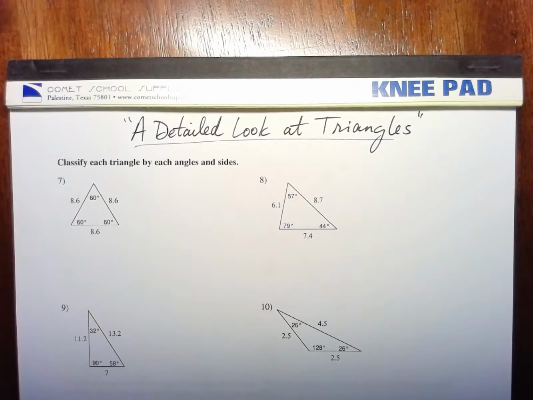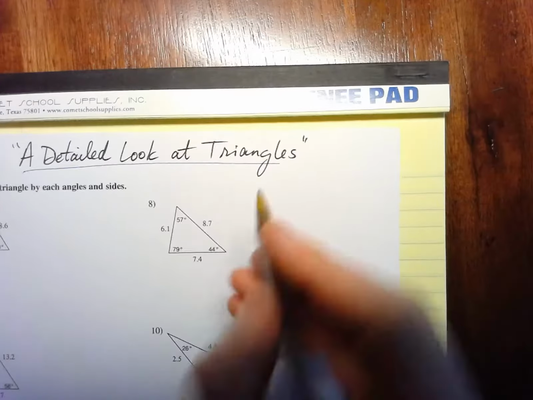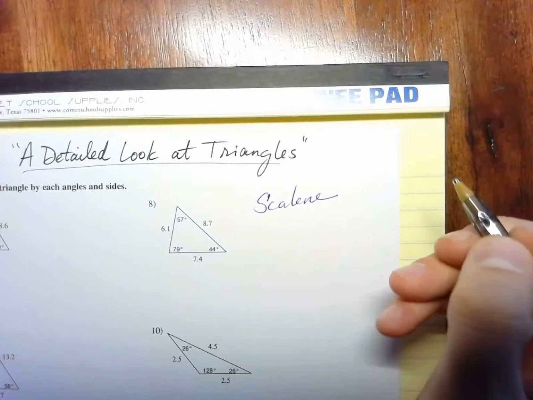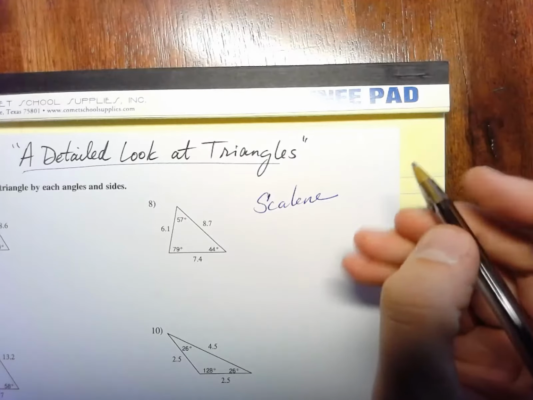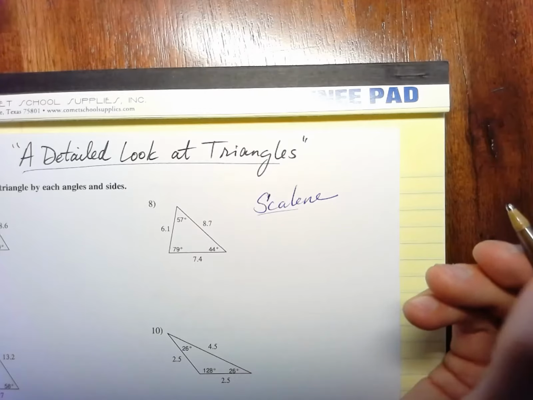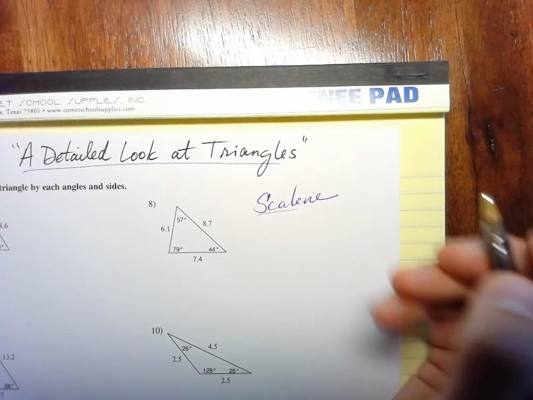Well, let's talk about some possible names here. A scalene triangle is one where all three sides are different, meaning all three sides are different scalars. Scalars are just numbers, like integers.